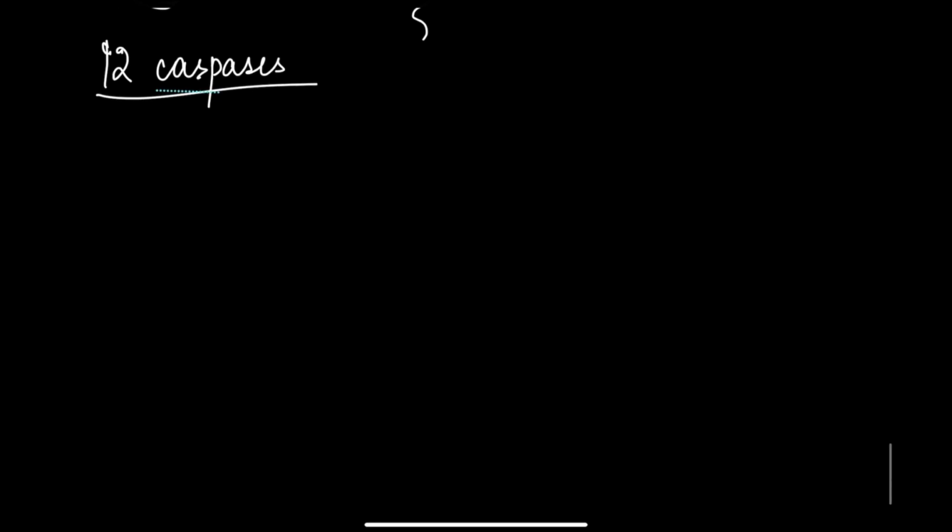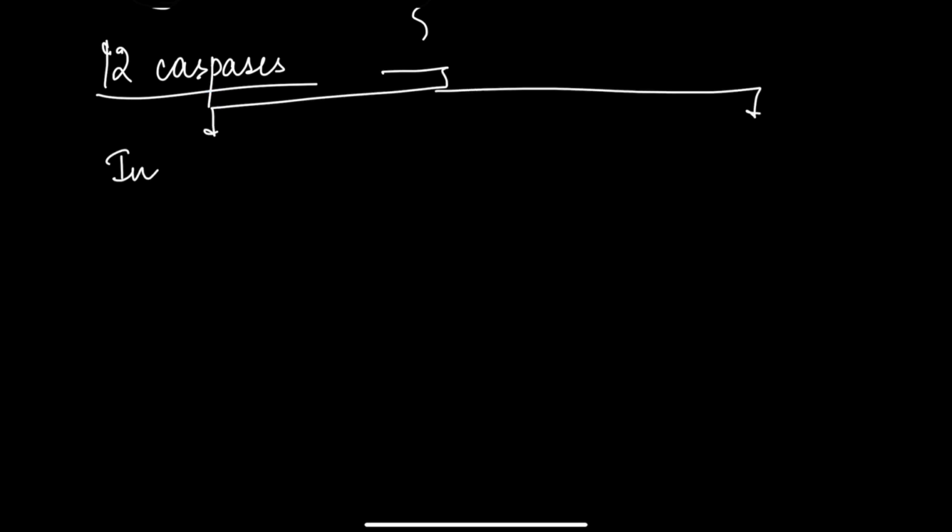Next we see that in mammals we have 12 caspases: 1 2 3 4 5 6 7 8 9 10 11 12, right? These are of two types basically. First one is the inflammatory caspases. Then we have the apoptotic, or apoptosis, caspases.